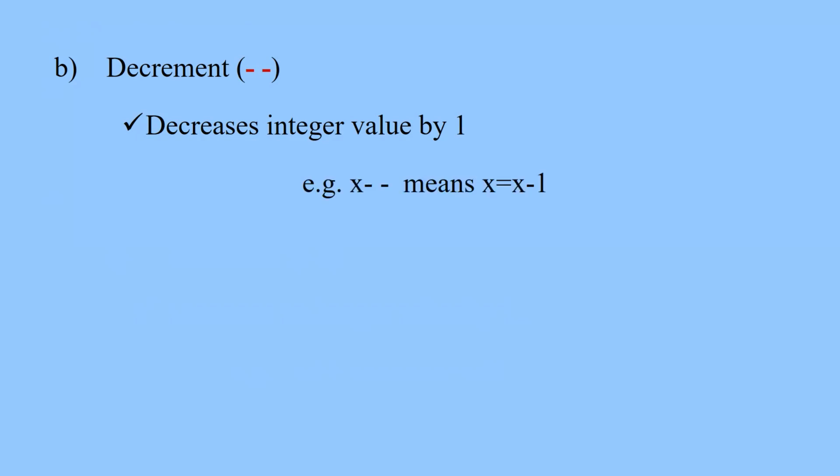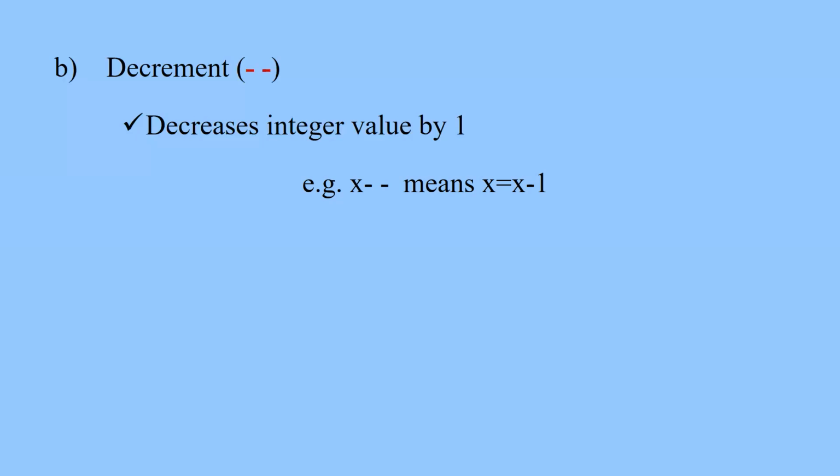For example, x decrement, that is x minus minus, but we say x decrement. It means that you get the content of the memory location called x, subtract 1 from it, and then assign the result back to the same memory location called x.